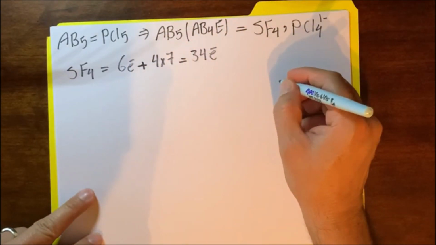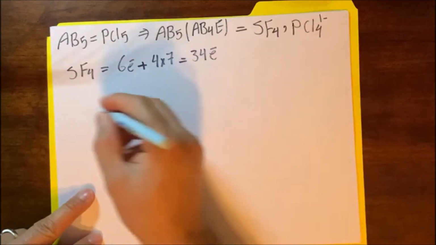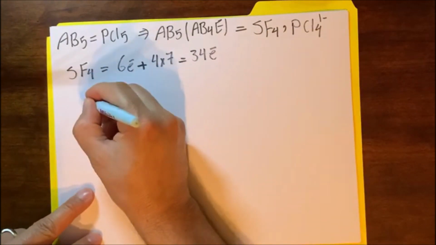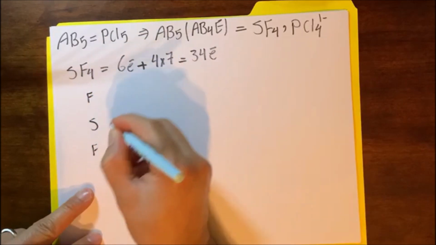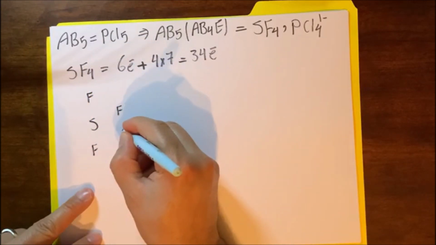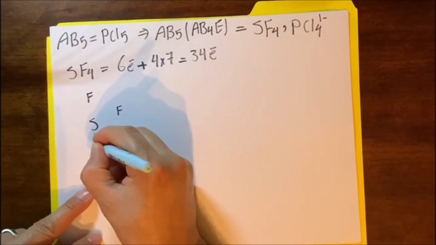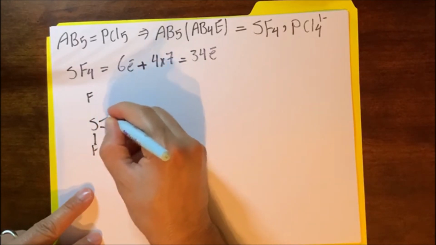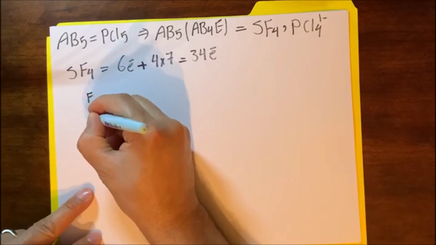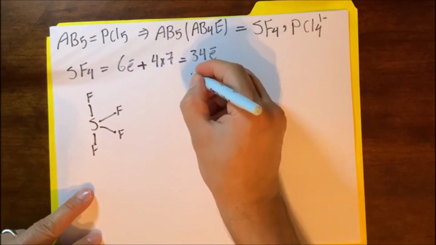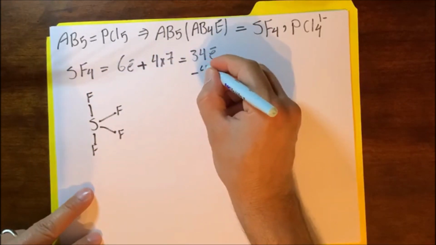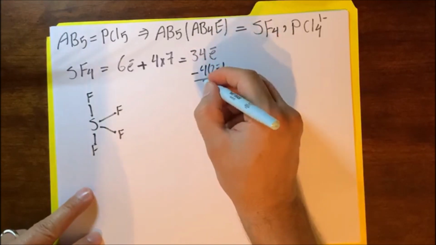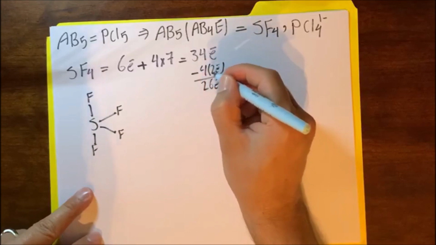So I put it here: sulfur, fluorine, fluorine. Minus 4 sigma bonds, and we use 2 electrons for each, so 26 electrons.